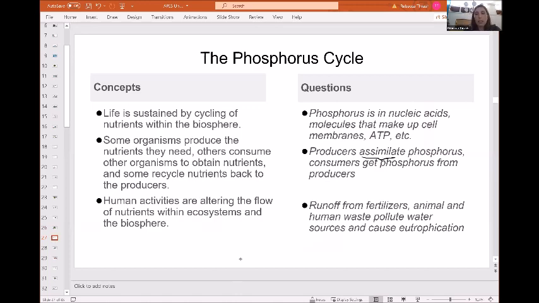Producers can assimilate phosphorus, and then we get our phosphate by consuming those producers. Big human impacts: runoff from fertilizers, animal or human waste, that causes those aquatic disruptions to ecosystems. We call that eutrophication. You probably learned about that in the unit about aquatic pollution.